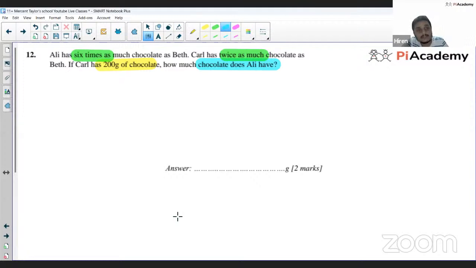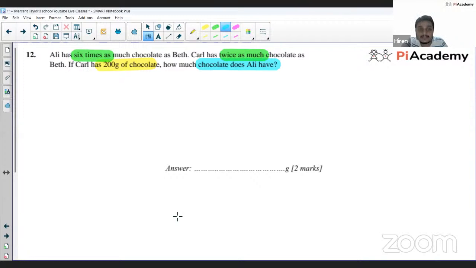Now, if I am starting this, Ali has 6 times as much chocolate as Beth, okay? So, for example, if Ali has 6 times Beth, fine, no worries. But for that, we need to figure out how much Beth has, right? So Carl has twice as much chocolate as Beth. So they are telling you Carl has twice, right?